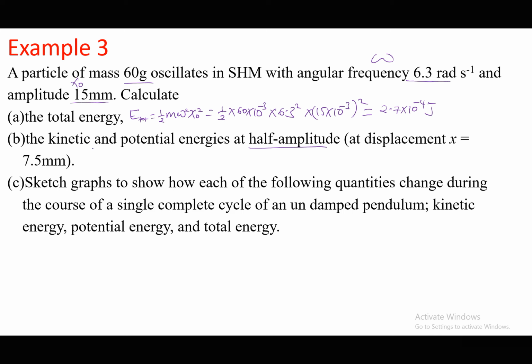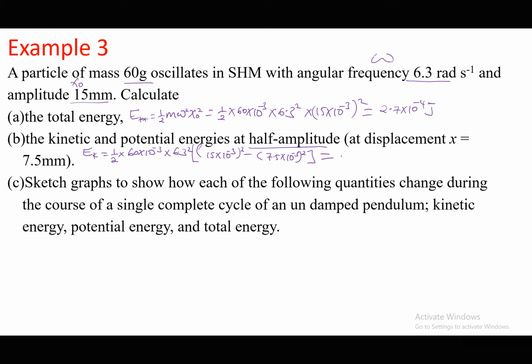So of course I will find the kinetic energy as a half times the mass, which is 60 times 10 to the power of minus 3, then times omega, which is 6.3 squared, then into x naught, which is 15 times 10 to the power of minus 3, but this is squared, minus 7.5 times 10 to the power of minus 3, and this is also squared. So I'll just press my calculator.